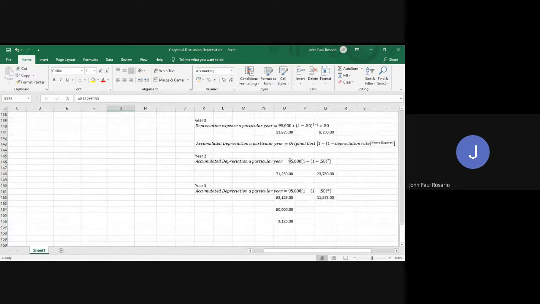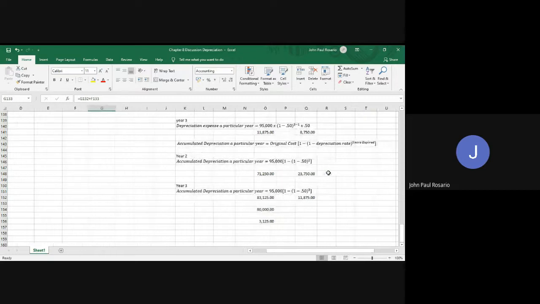Okay? So for your book value, guys, you can simply deduct your accumulated depreciation from your original cost to get your book value balance.